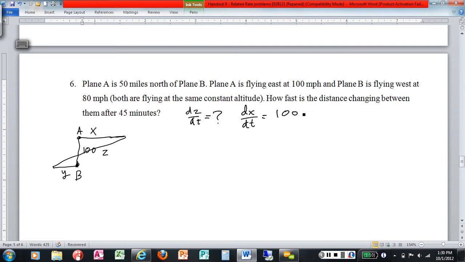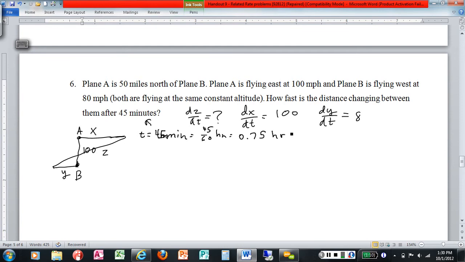What about dy/dt? It's 80. And this time, it's 45 minutes, but that in hours would be 45 divided by 60, so that's 0.75 hours. So my time is 0.75 hours.